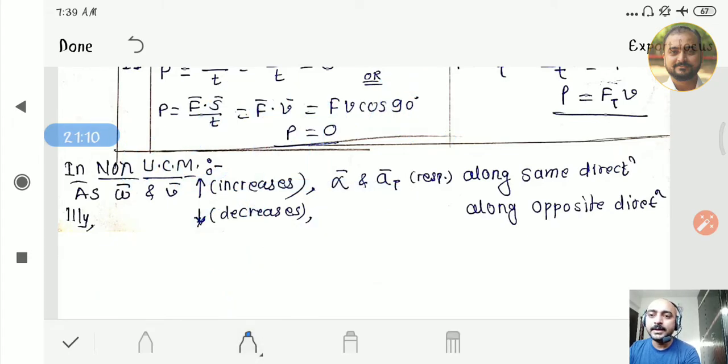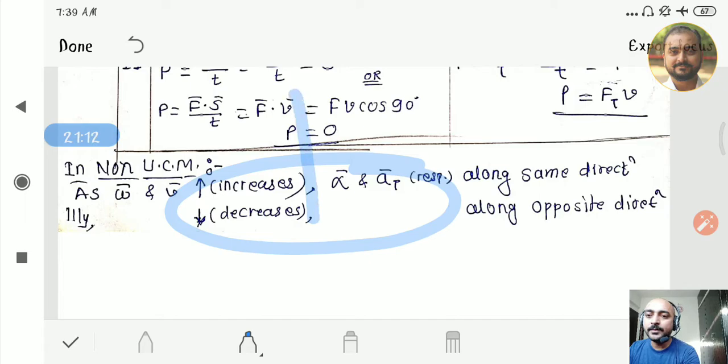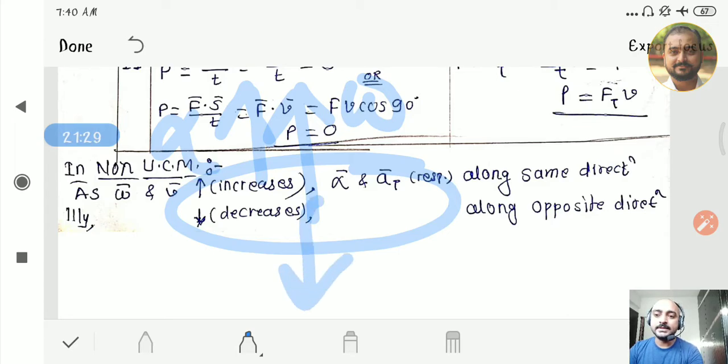So simply, if omega increases, the blades rotate faster, and alpha is in the same direction as omega. But as the value of omega decreases, the direction of alpha is opposite to that of omega.